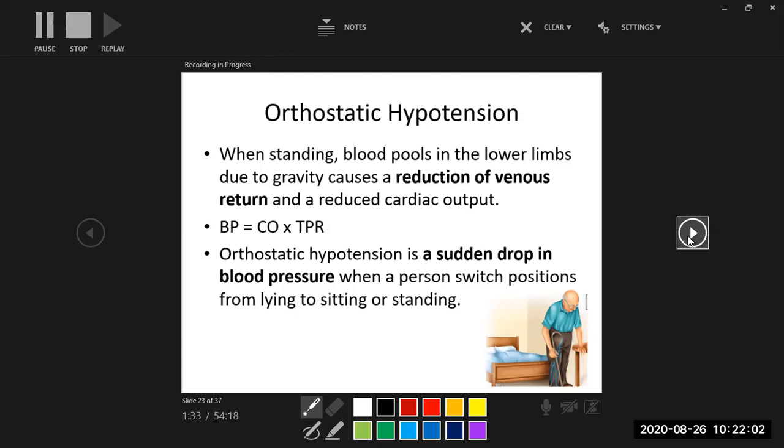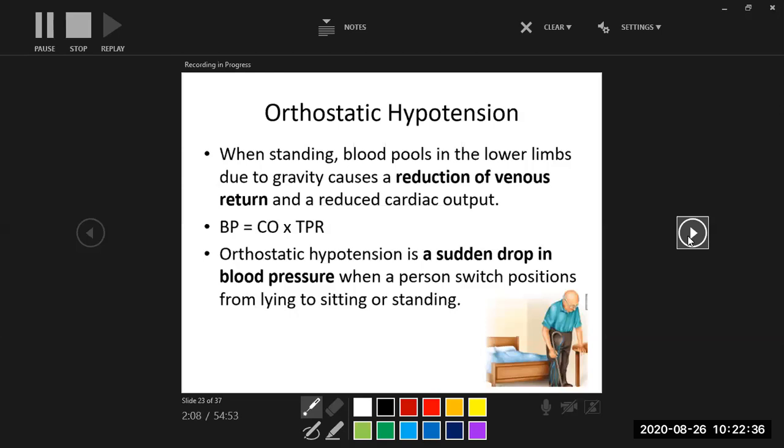This happens in old people. It's because their autonomic nervous system is not as sensitive as in young people. For young people, this condition can be corrected very quickly: our baroreceptor detects the drop of the blood pressure, very quickly sends a signal to the brain, and triggers the sympathetic nerve. The sympathetic nerve will start to act on the heart to make the heart pump faster.